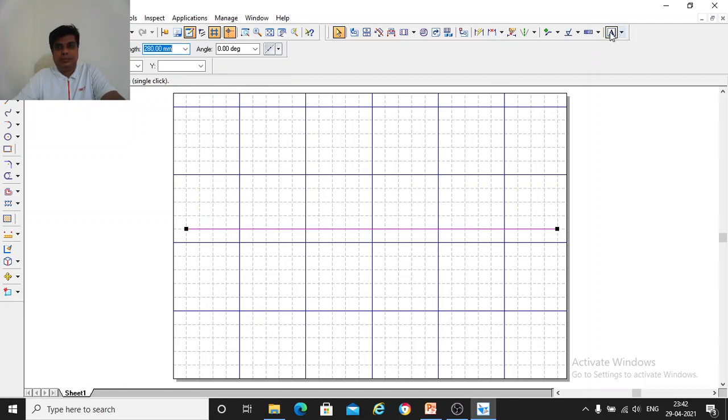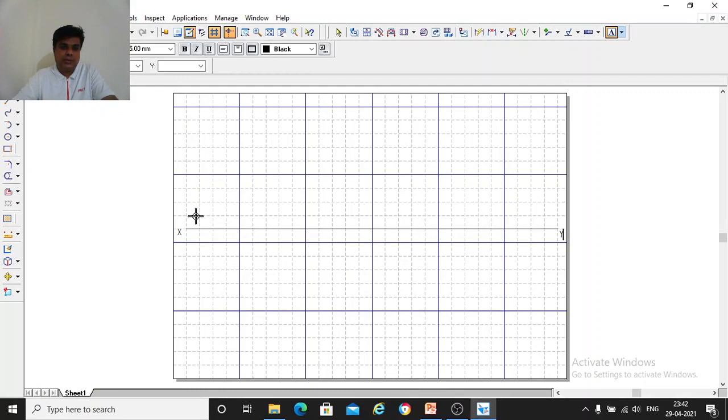Then you have to name this X and Y. This is the intersection of the vertical plane and the horizontal plane.